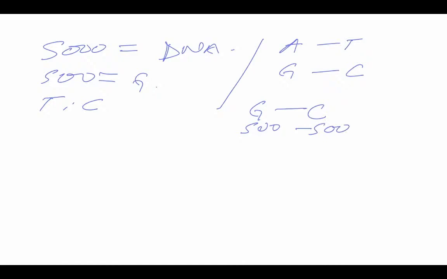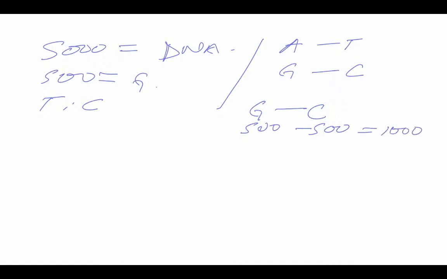If you have 10 left legs, definitely you have 10 right legs. If you have 500 guanine, because they go together, definitely you're going to have 500 cytosine. So when you combine the two, you're going to have 1000.